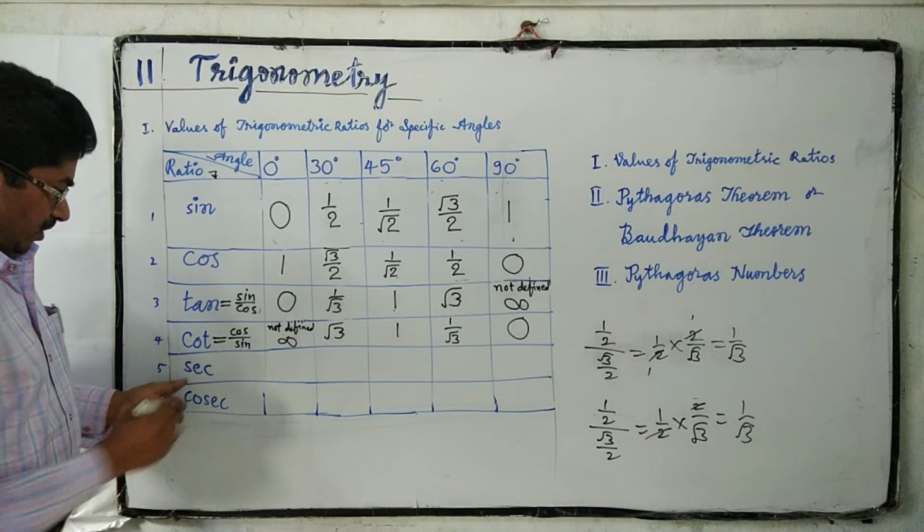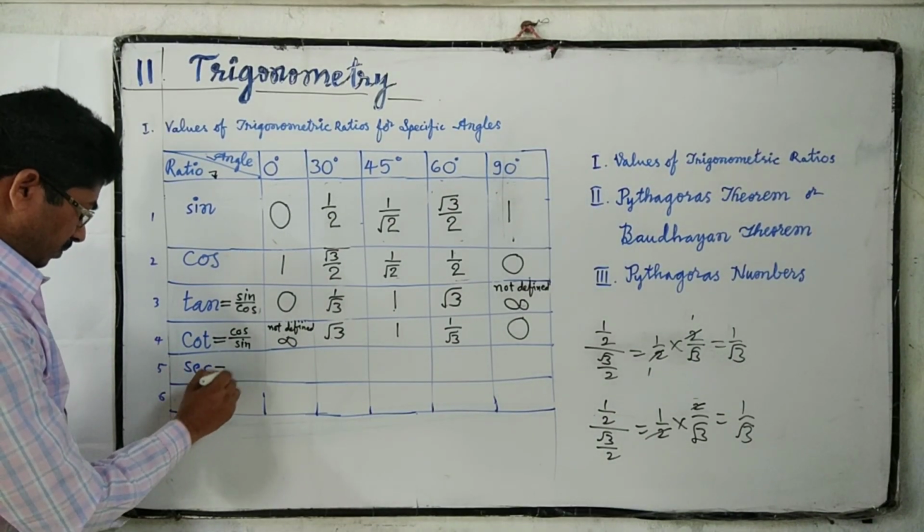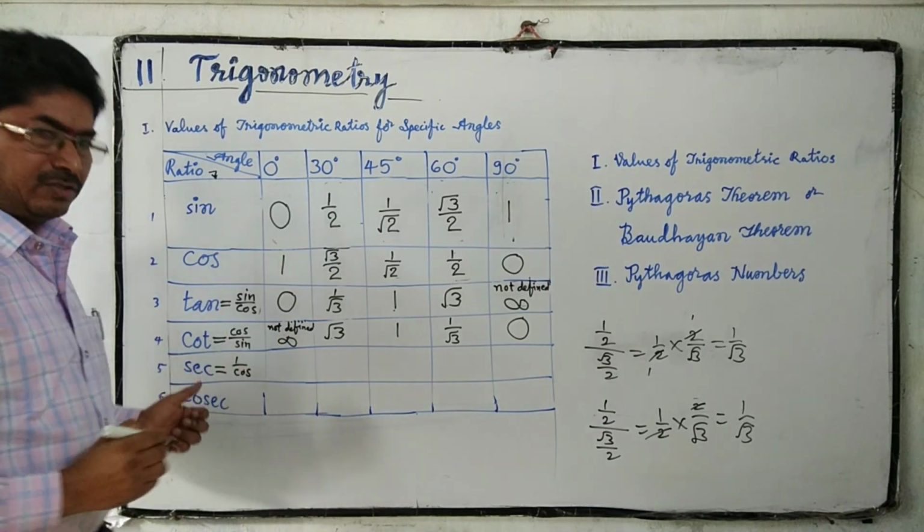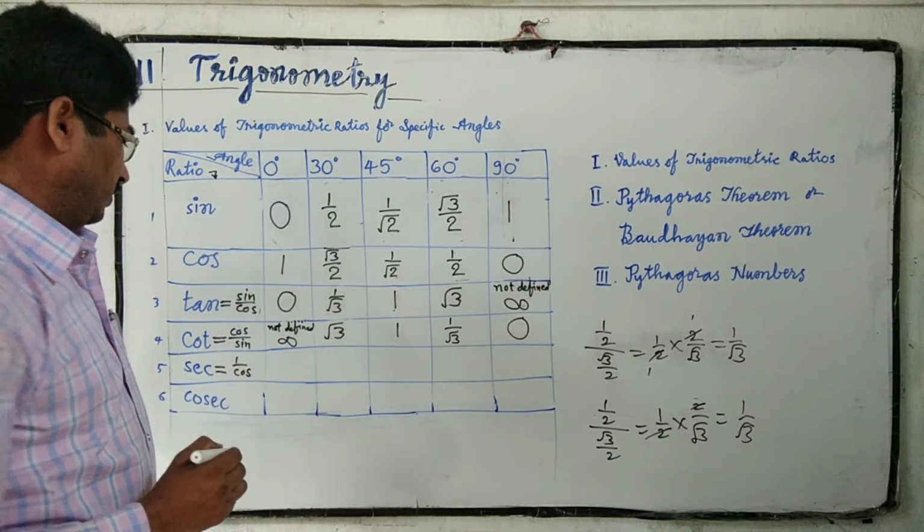Next, sec values. We know sec is equal to 1 by cos. Sec is the reciprocal of cos.